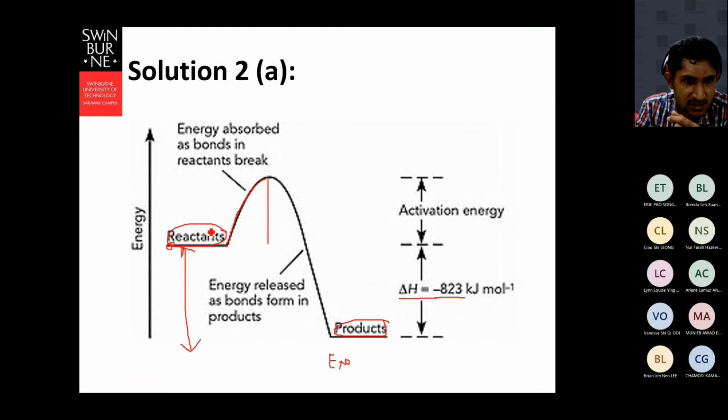This is the activation energy, EA. We have to show it. It is not shown here, but here it is shown. EA, this part, and from this part to this part is the change in enthalpy, del H.